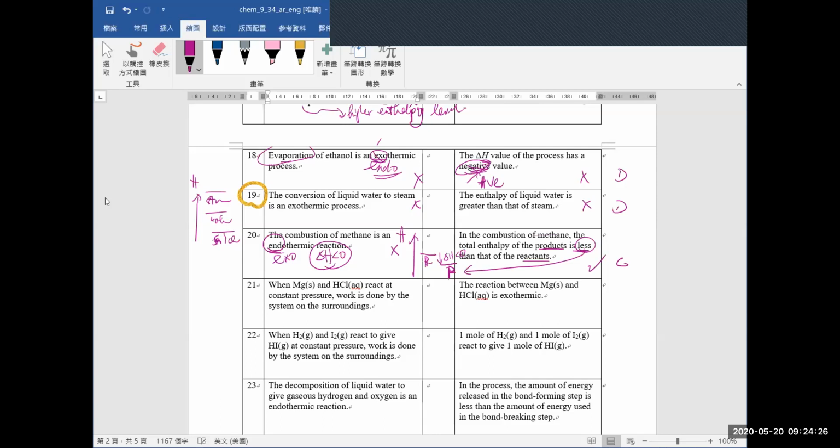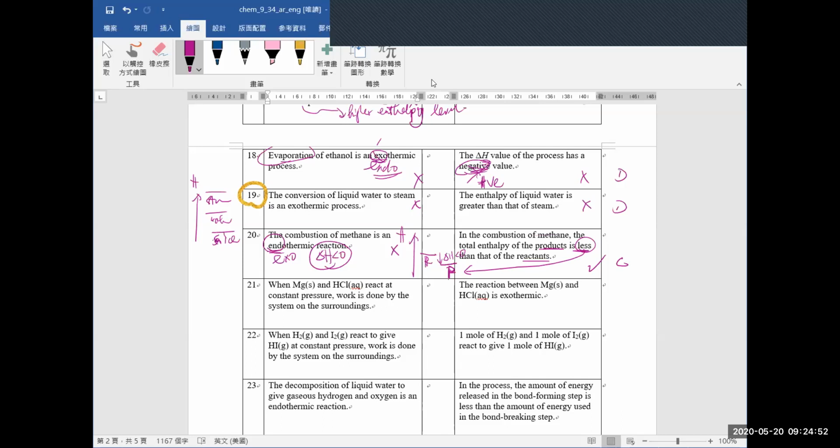Okay, cross and take C. Did you get it? Why? Oh, all right. So anyone who can further explain?